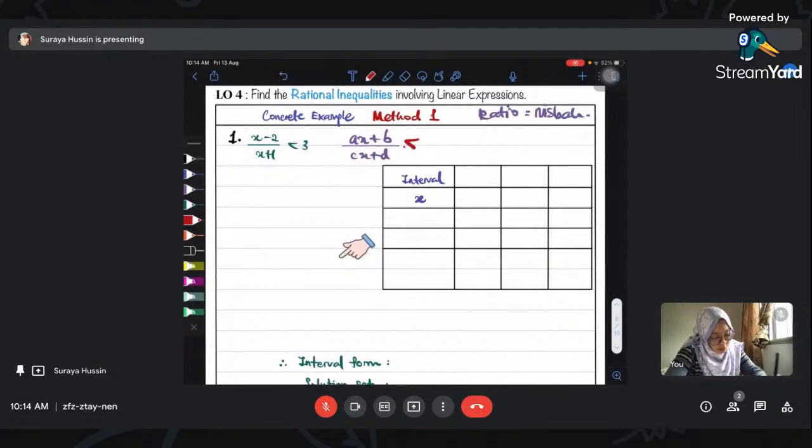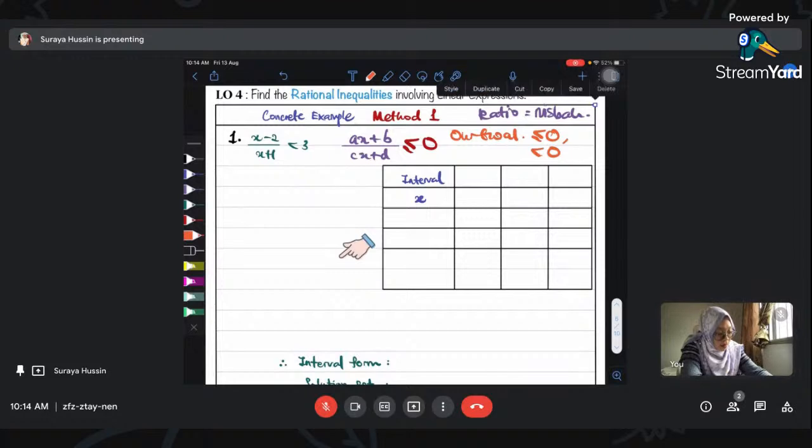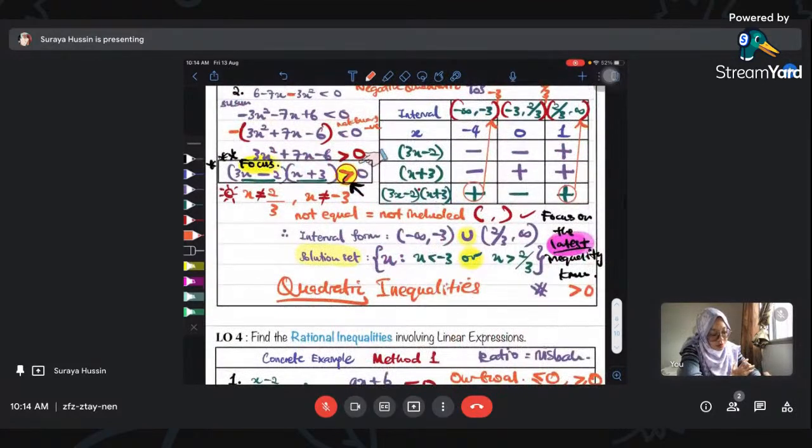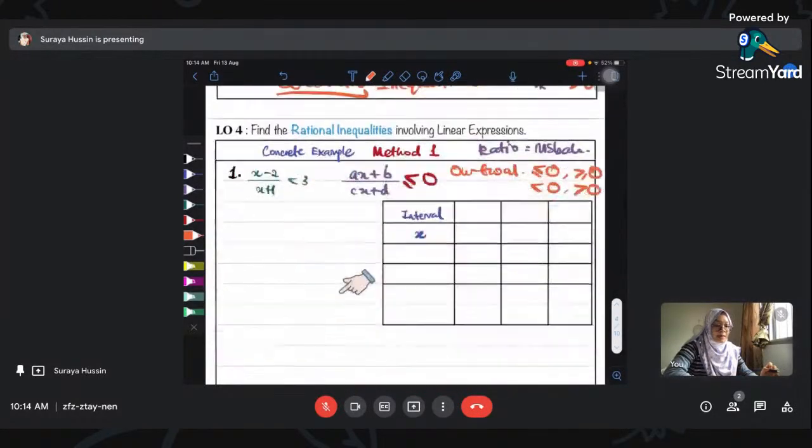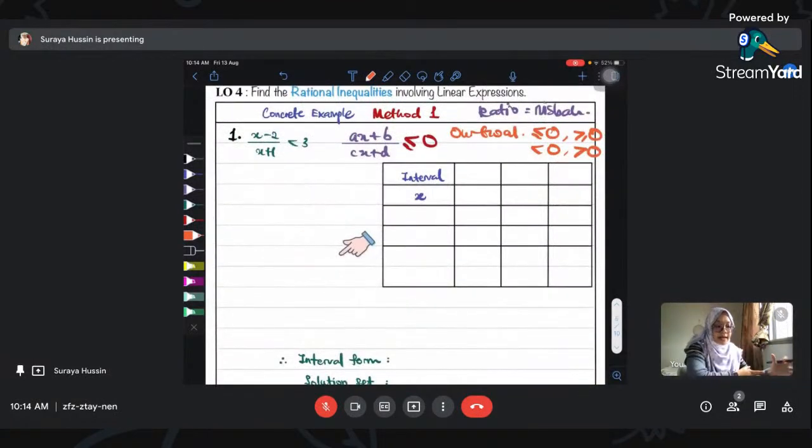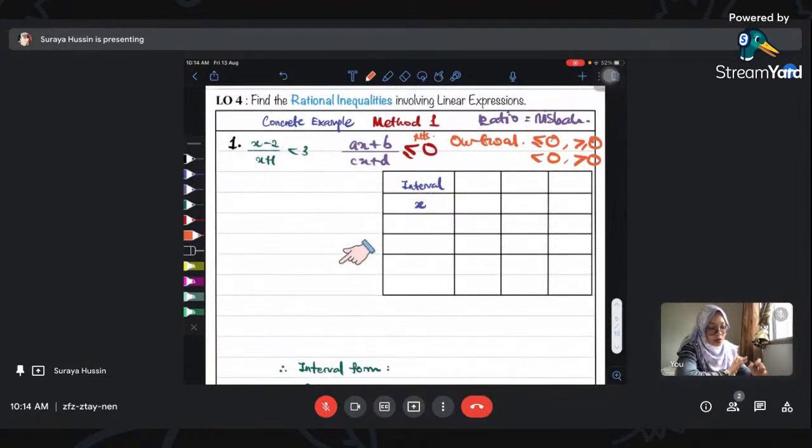Getting less than or equal to 0 or less than 0 or more than or equal to 0 or more than 0. So that is your aim. You want something 0. Sama juga dengan quadratic. You nak make sure something 0. Right? So now dia dalam bentuk pecahan pula lah. You nak make sure on the right hand side mestilah kosong. Itu adalah cara menjawab rational inequality.